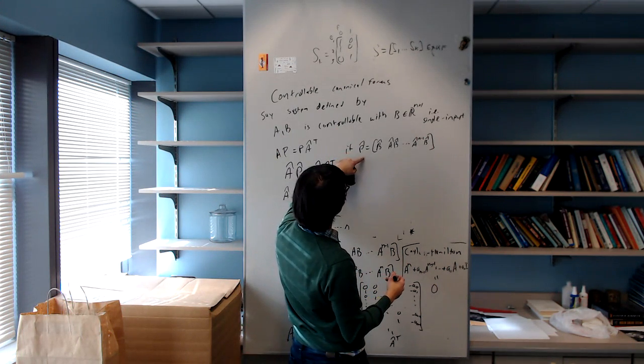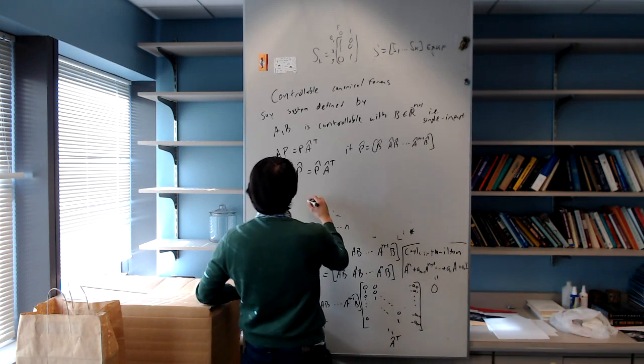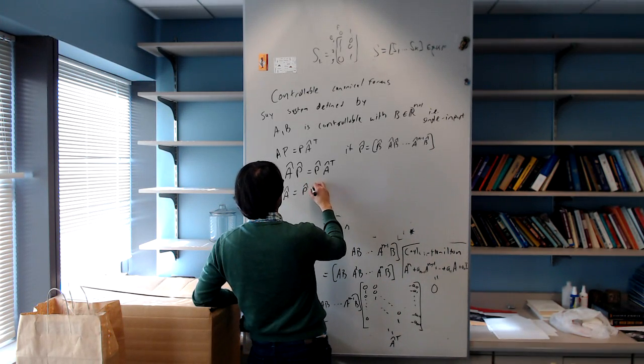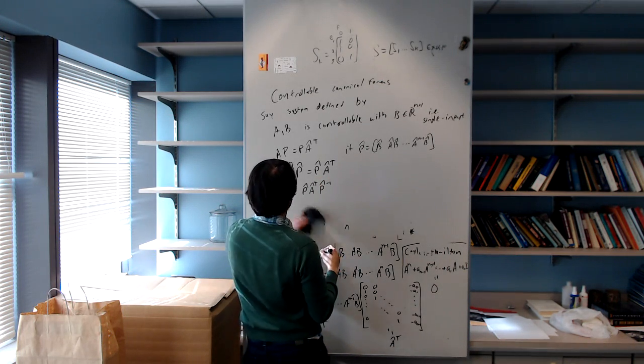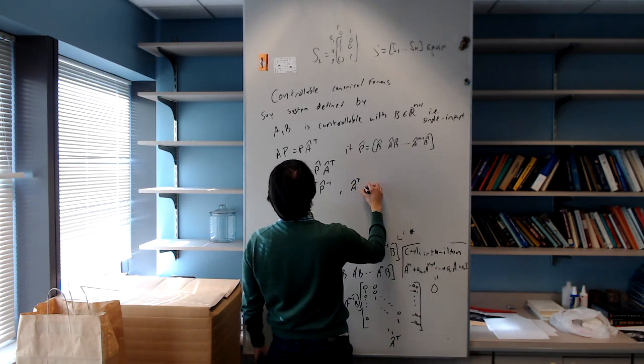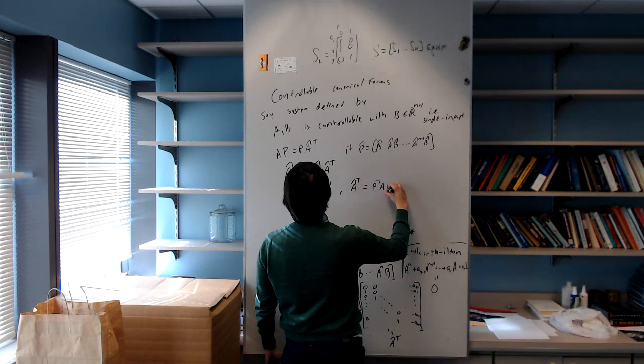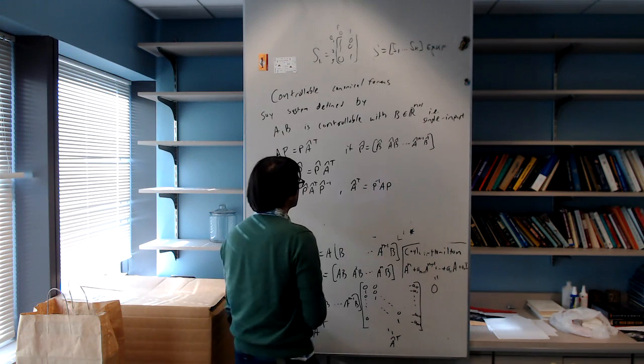And this thing, by construction, was controllable, we saw that. So we can see that A hat transpose is equal to P hat inverse times A times P hat, and A hat is equal to P inverse A P, like that.